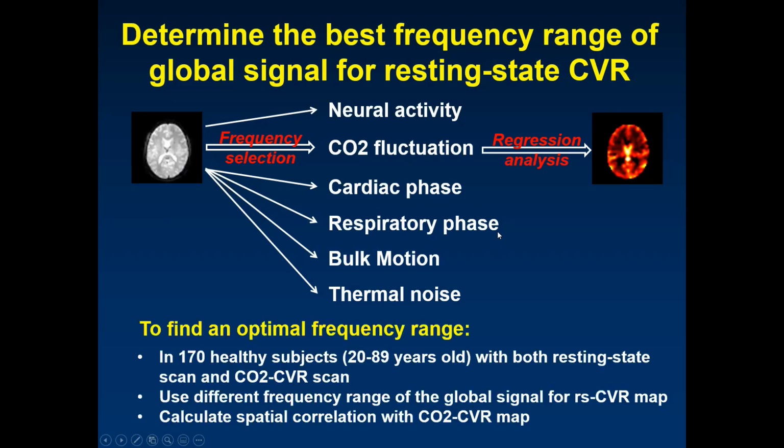To find this optimal frequency range, we analyzed the data from 170 healthy subjects across the lifespan, and each of the subjects had both a resting state BOLD scan and a CO2 inhalation CVR scan. Then we tested different frequency ranges of the global BOLD signal for the resting state CVR mapping and calculated the spatial correlation between the resting state CVR map and the CO2 CVR map.